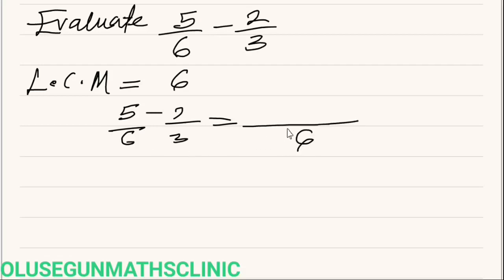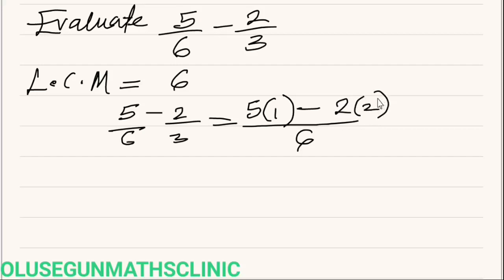6 in 6 is 1. So therefore we have 5 bracket 1. Where did you see 1? Because 6 can go into 6 one time. So therefore 3 in 6 is 2. But the first thing we are going to write is the minus sign. Minus. So 3 in 6 is 2, so we have 2 bracket the 2.